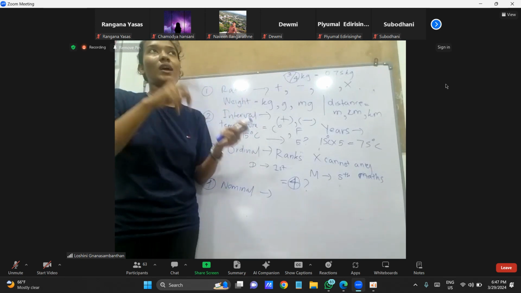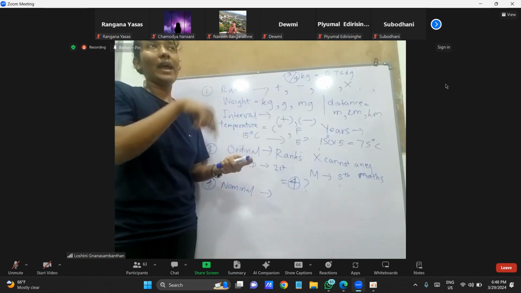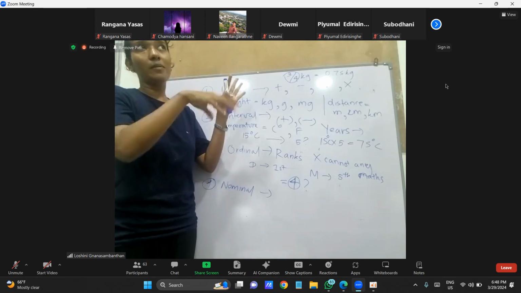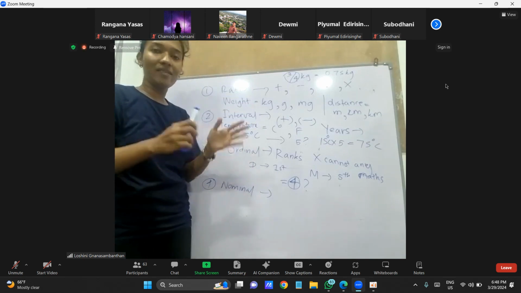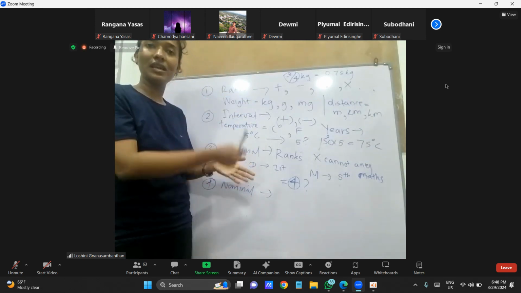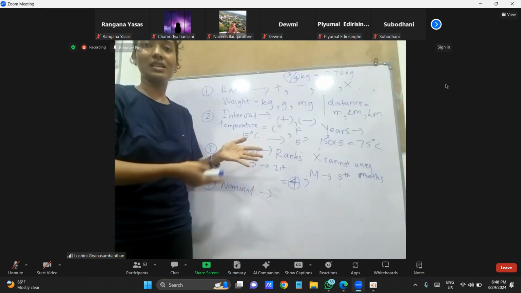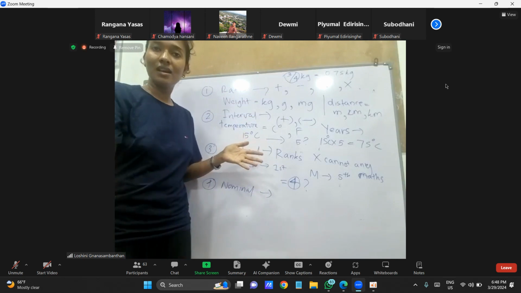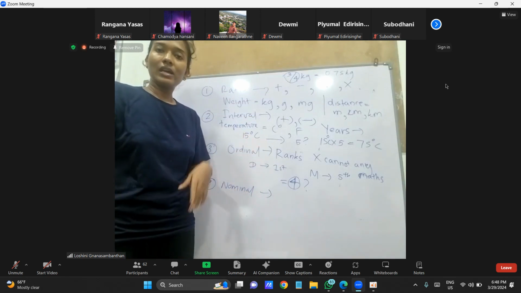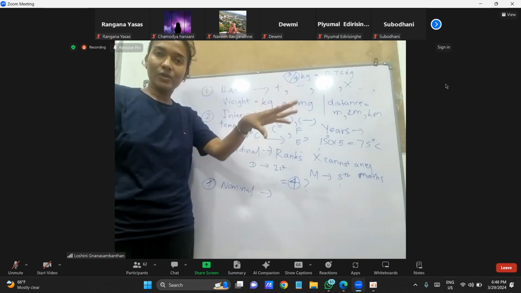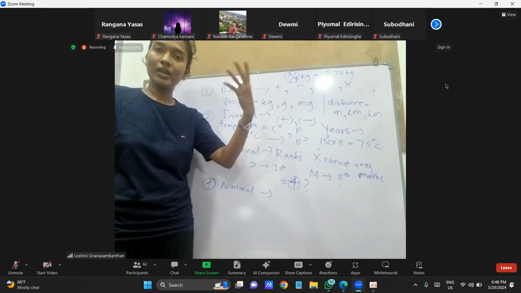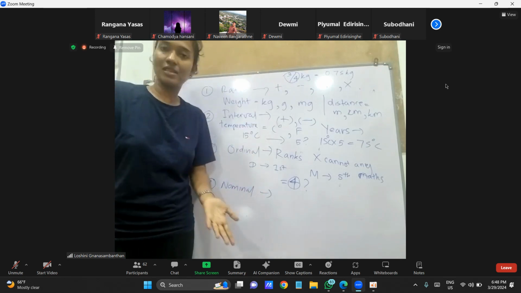In the map, they would have said 1, 2, 3, 4. One is the Southern province, second is the Western province, third is the Central province. Those are just labels given to them.